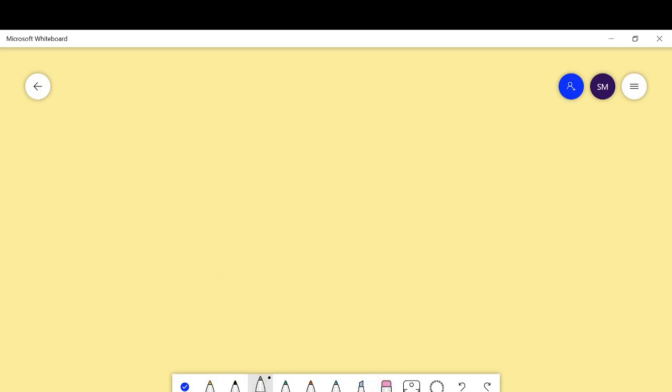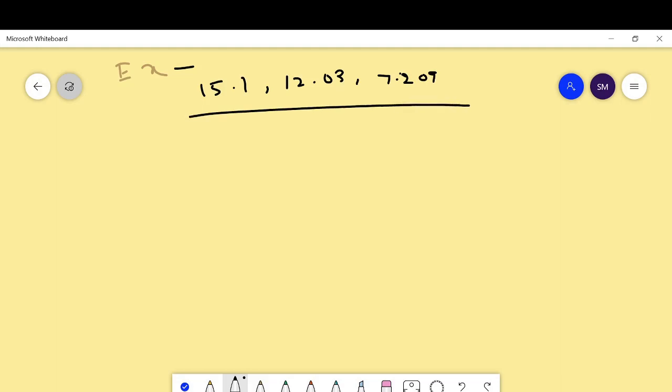Operations on decimal numbers. Suppose the question given is: add 15.51, 12.03 and 7.209. When we do any operation on decimal numbers, at first convert them into like decimals. Do you know what like decimals are? Like decimals means they have the same number of digits after the decimal.